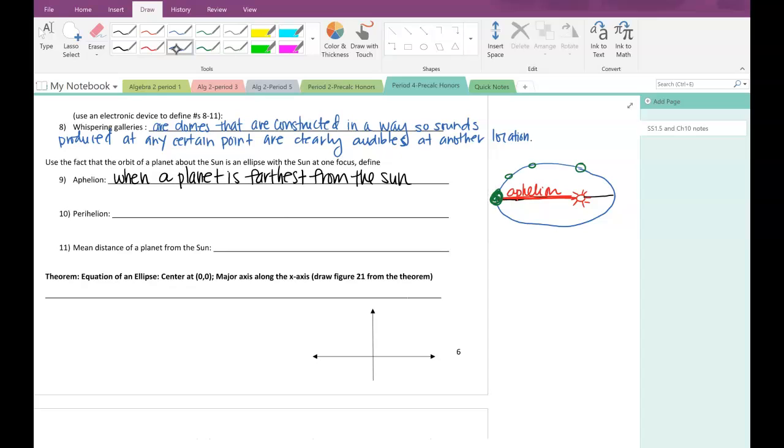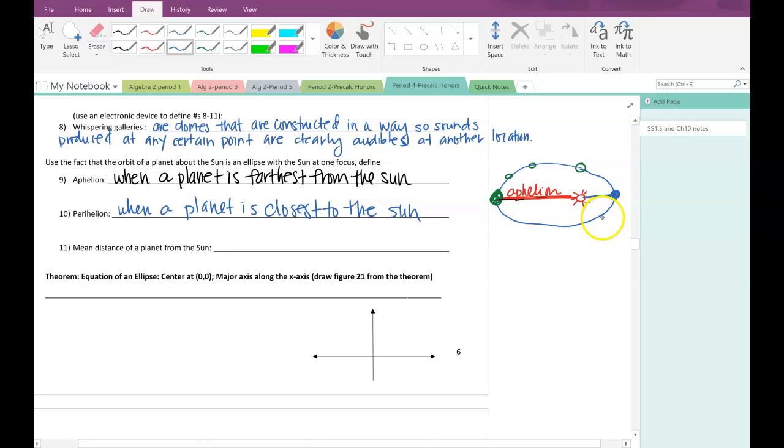Next is perihelion, when a planet is closest to the sun. Okay, so as it's orbiting around the sun, and again, this is not drawn to scale, okay? If it's over here, then this distance right here is the closest to the sun.